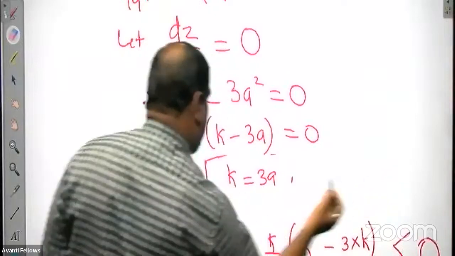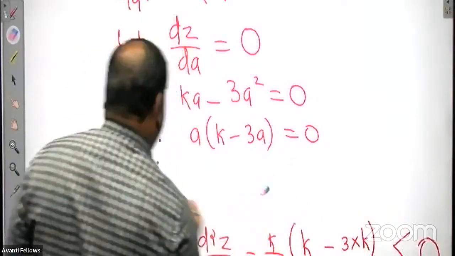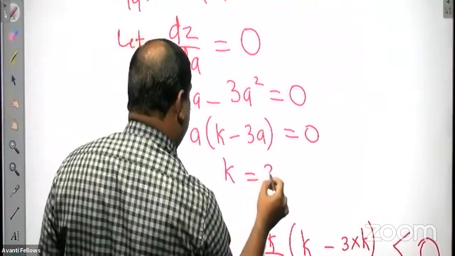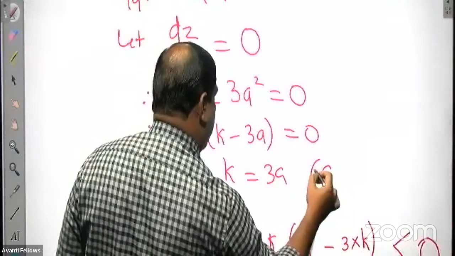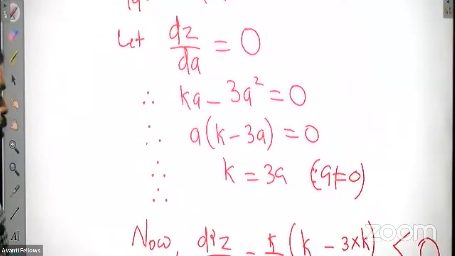Remaining is okay. Since a is not equal to 0, k is equal to 3a.